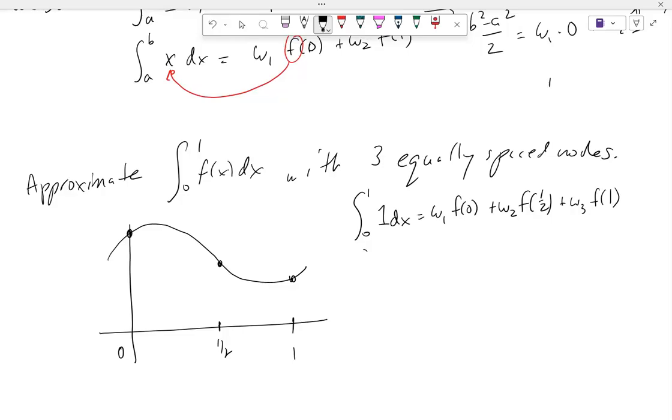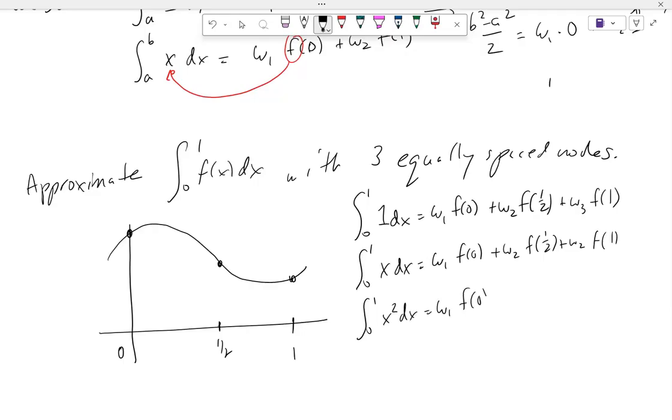Yeah, one for x. And the last equation we need? X squared. Good. Notice that it works out nicely that we get a nice square system here, isn't it? Shockingly enough.